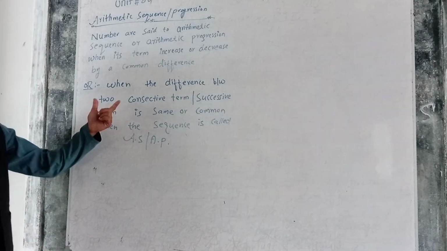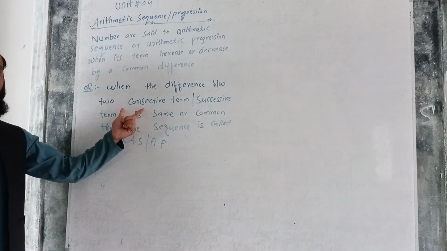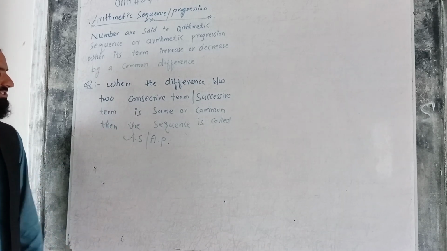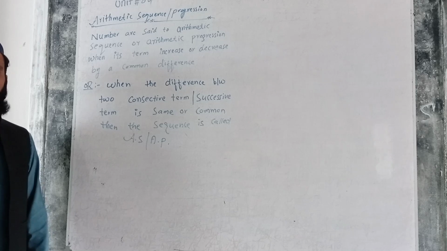When the difference between two consecutive terms or successive terms is the same, then the sequence is called an arithmetic sequence or arithmetic progression.